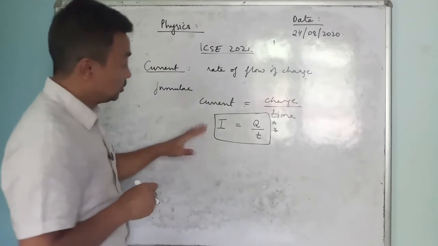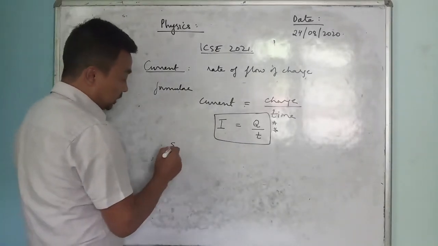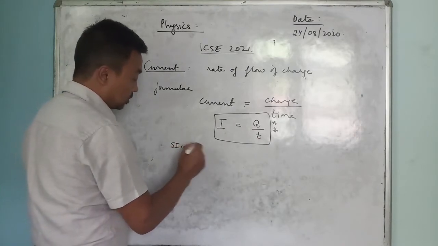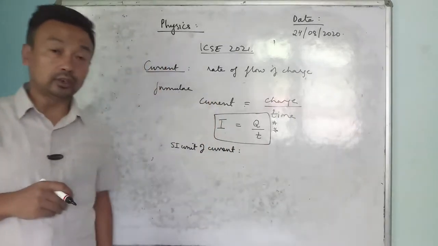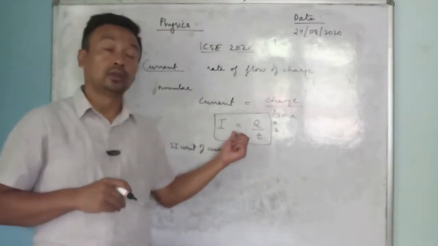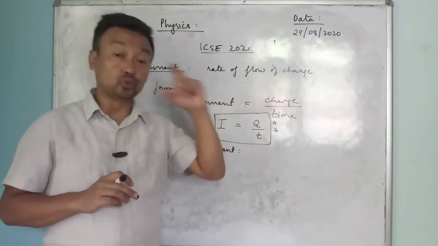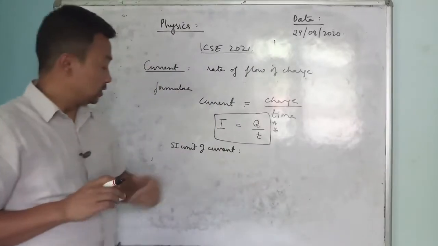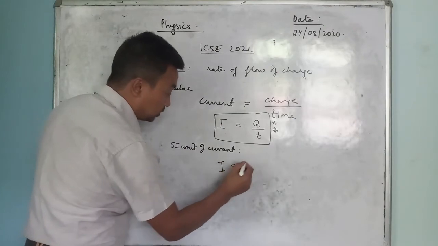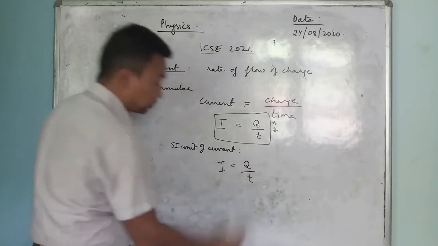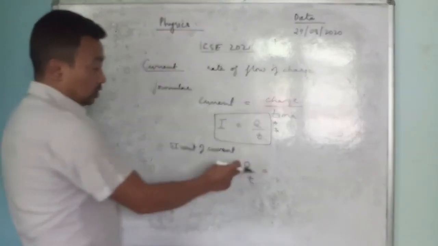Now we come to the next point, that is the SI unit of current. Since the current is a measurable quantity, like in the case of charge, where the unit was coulomb, here we have to take the formula of the current which we have just learned.